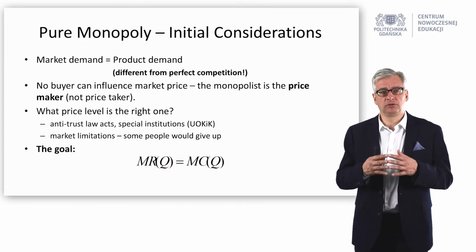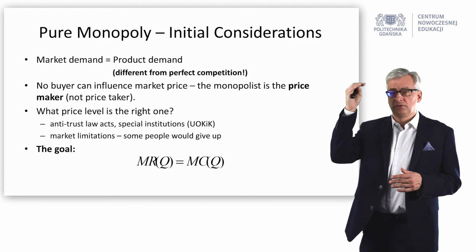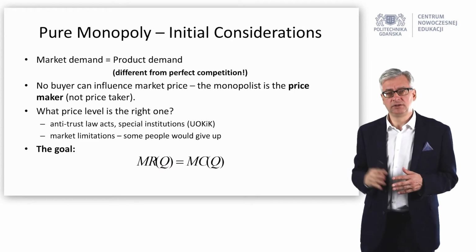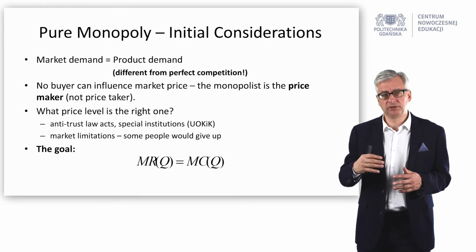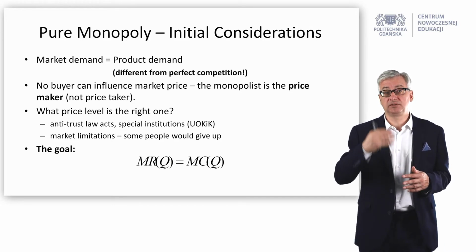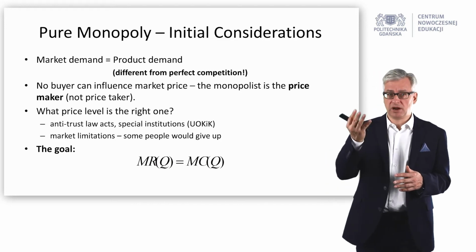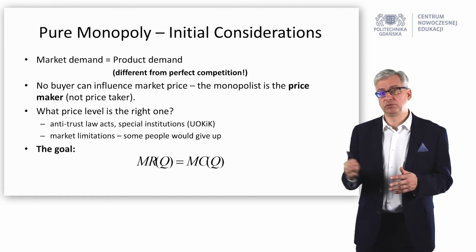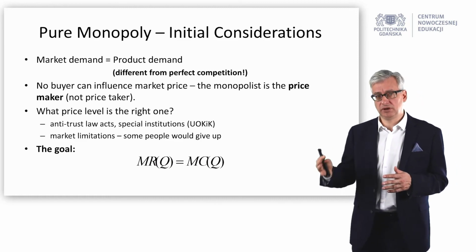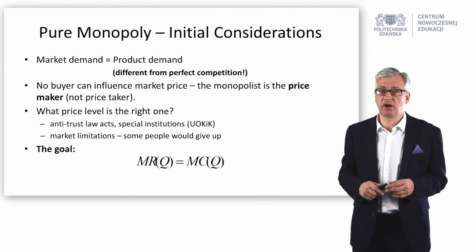What is the goal of the monopolist? Is it about setting the price very, very, very high? No, not necessarily. Actually, the goal of the monopolist, as for any other business, is to maximize the profit. So they would certainly try to push the price up because that is usually quite good for profit. But when they start losing customers, they have to stop increasing the price.